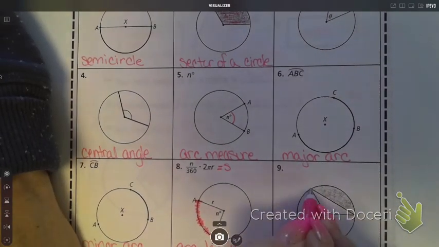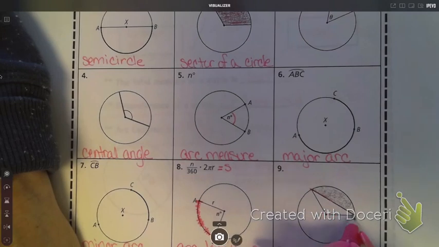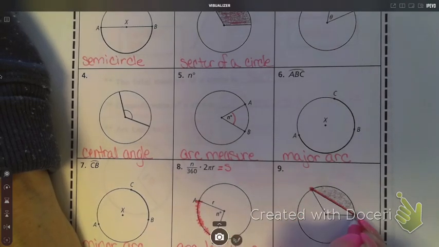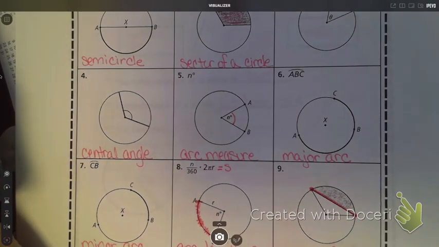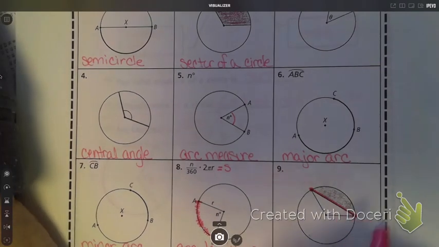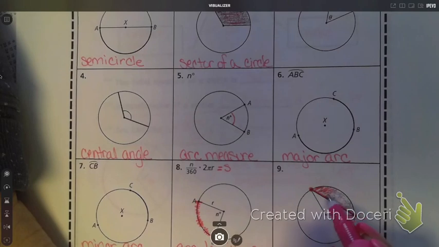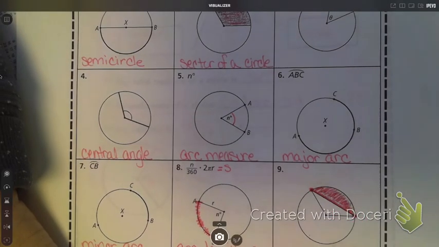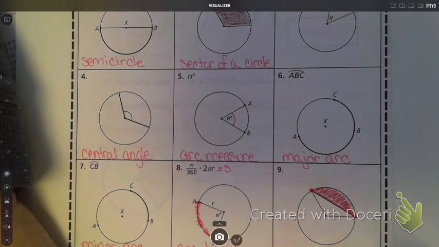And this line right here that I'm highlighting, it is called a secant line. And a secant line is any line that intersects an object twice. Okay? So that makes a segment of the circle. But it's not a sector because a sector has the central angle in it, doesn't it? So that's just a segment of a circle.